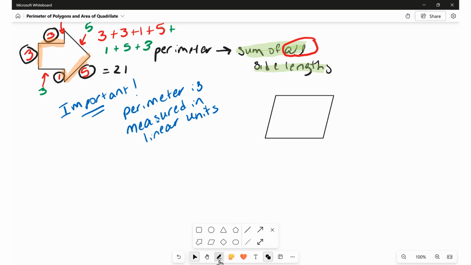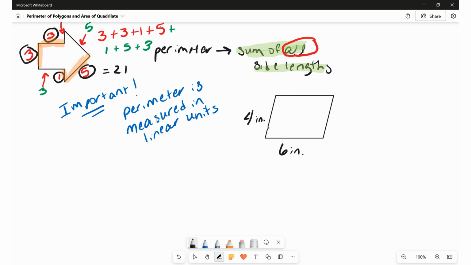Let's do a quick parallelogram here. Let's say that this side is 4 inches and this is 6 inches. Inches are linear units. They're plain. They don't have any square or cubed anything. It's just inches. Same thing with feet or meters.